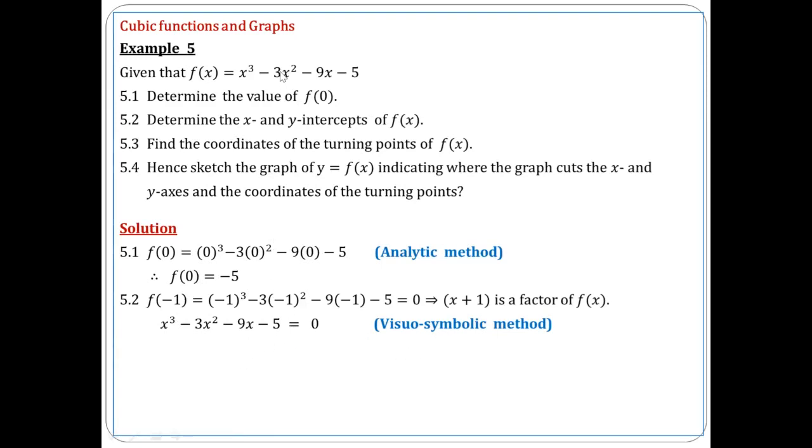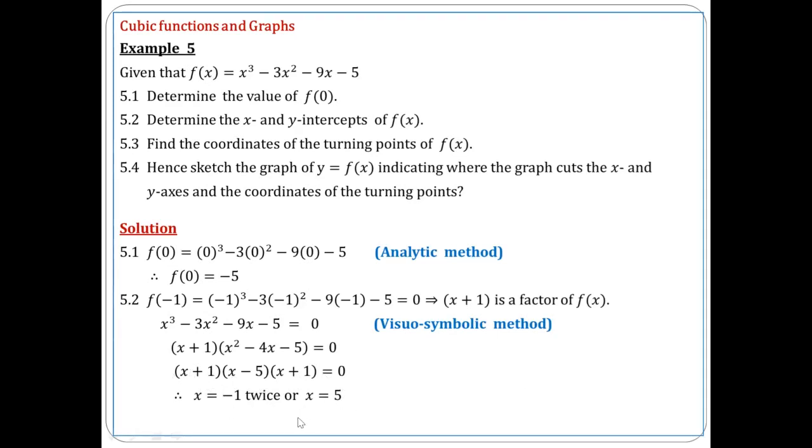We take f of x and we equate it to 0. So x cubed minus 3x squared minus 9x minus 5 is equal to 0. So we are applying the visual symbolic method to factorize. So we get that and that, and then therefore conclude when we take each bracket and equate it to 0, x will be equal to minus 1 twice, or x is equal to 5.